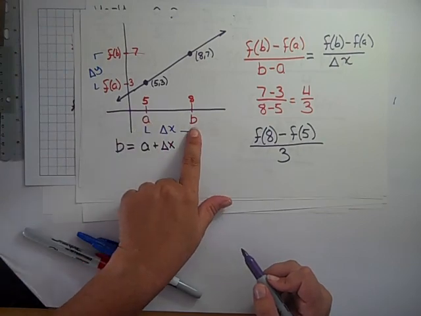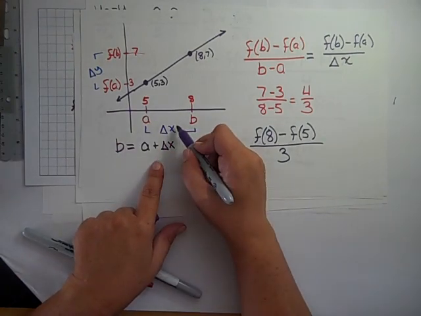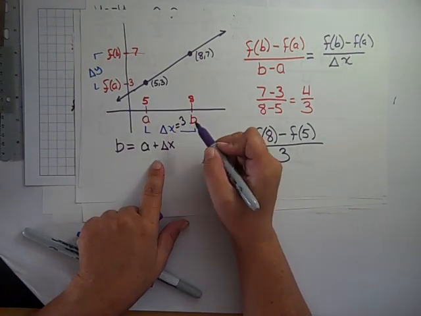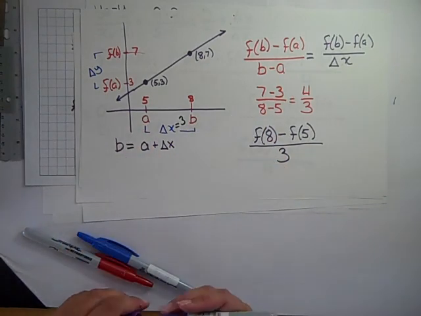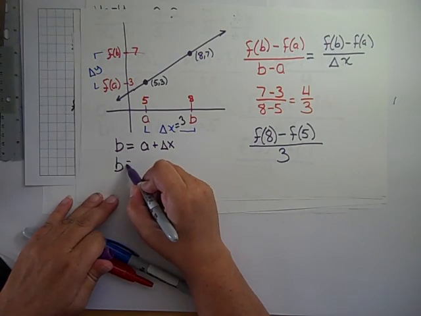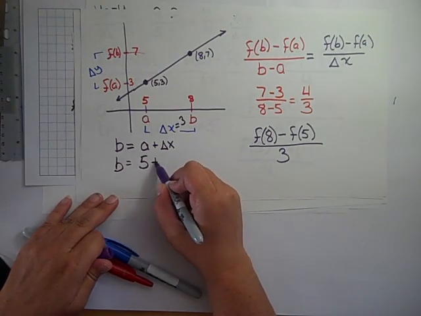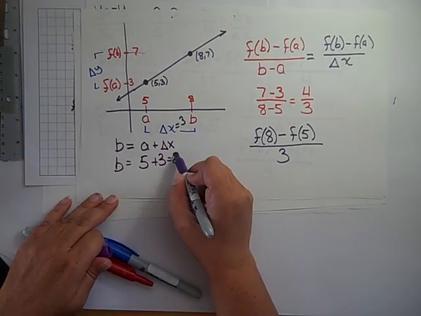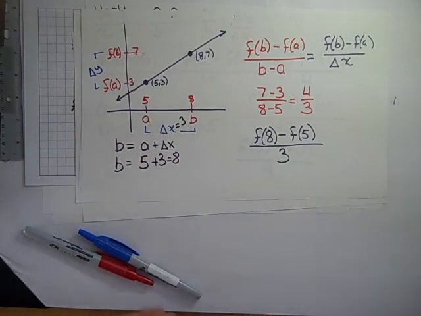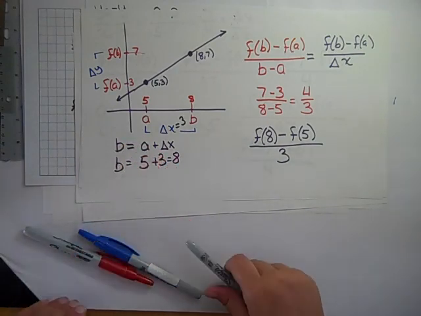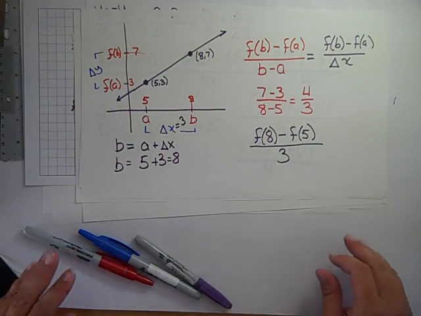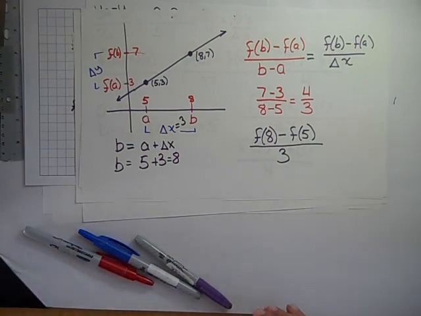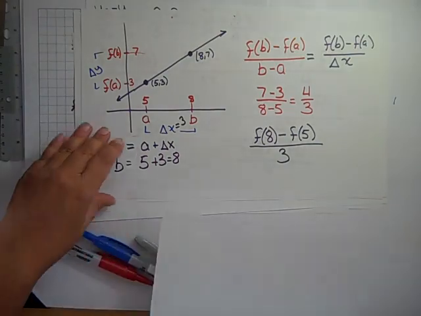Well, what's the difference from 5 to 8? Delta x equals 3, right? That's the change in x from 5 to 8. So b must equal a plus 3 equals 8. That works. Okay, so it's just another way of writing b as a plus delta x. And this is important because we're going to use this a lot coming up. So this is just getting used to the language.